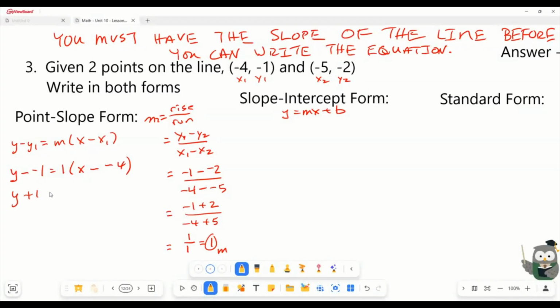This is y plus 1, not, positive. This is x plus 4, not, positive. 1 outside of parentheses just drops the parentheses. 1 times x is x, 1 times 4 is 4.